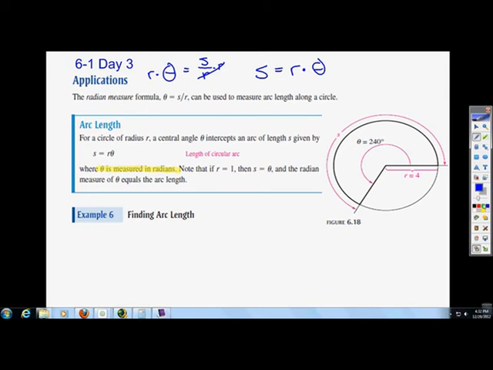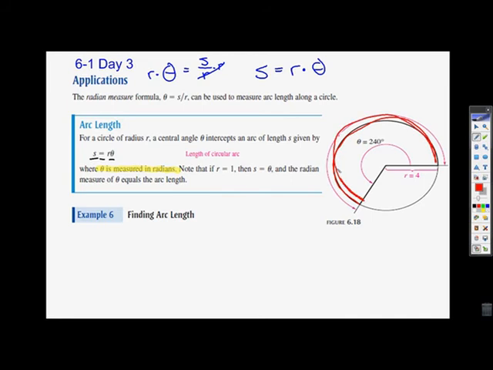Now let's step back and just look at the picture here. I think graphically this might be easier to see. S equals R times theta. So here's S. S is this arc length. It's a piece of the circumference of the circle. R is our radius, of course, and theta is our angle.